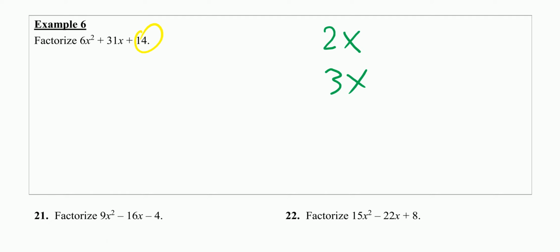Also, let me try 2 or 7, and if we add up in here, 2 times 3 is 6, and this is 14. Oh, it is not correct. So you know it's not correct, and so I must try another method.